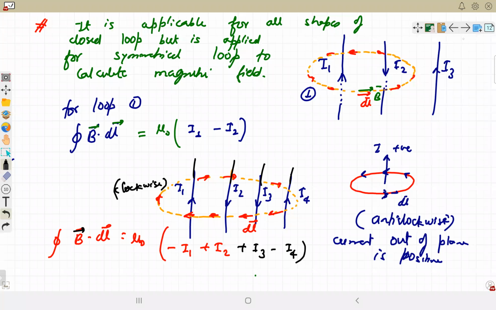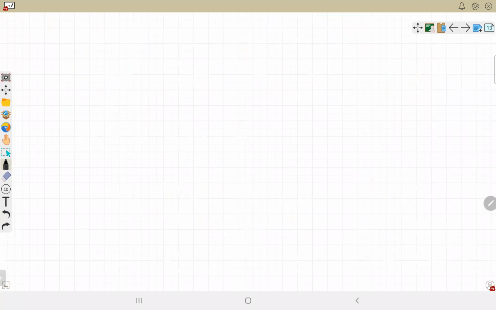Next are a little more complicated type of questions. There are multiple currents, where cross and dot show the direction of current: I1, I2, I3, I4, I5, something like this.